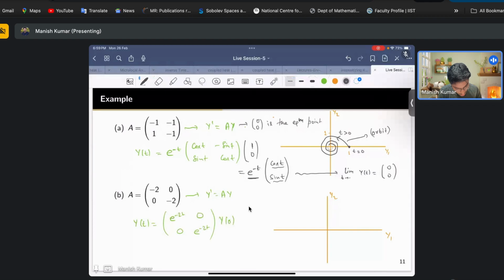So as t goes to plus infinity, the limit point is becoming 0, 0. So this is clearly an approaching path.